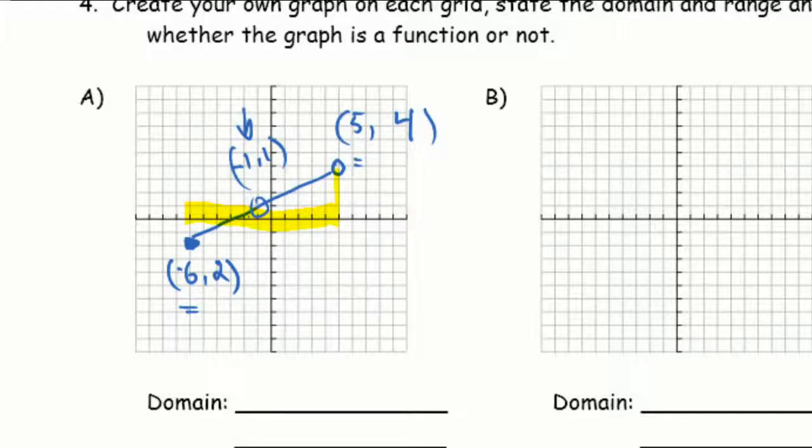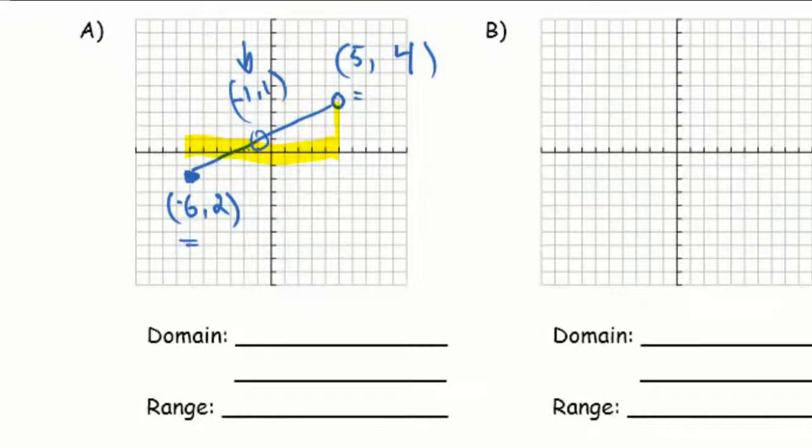There's a bunch of different ways to write the domain. When we have a continuous line like this, generally we would write it like this. My x values are all going to be between my lowest, -6, and my greatest, 5. Usually we can get the smallest and largest, because it's a line, we're using all values between there.